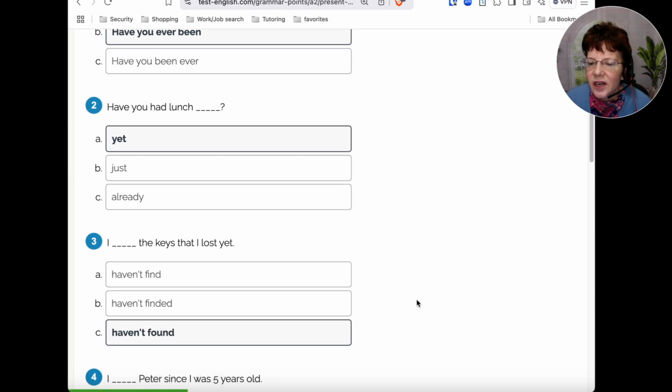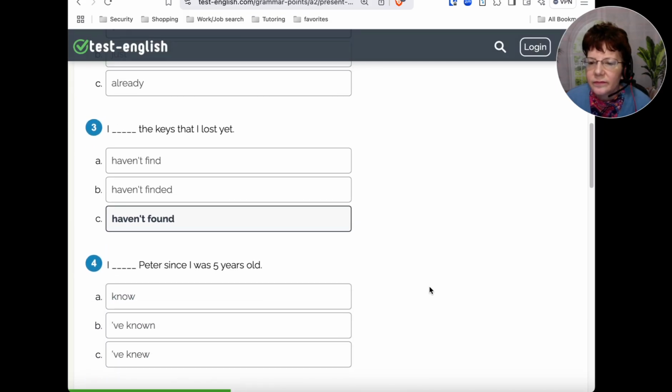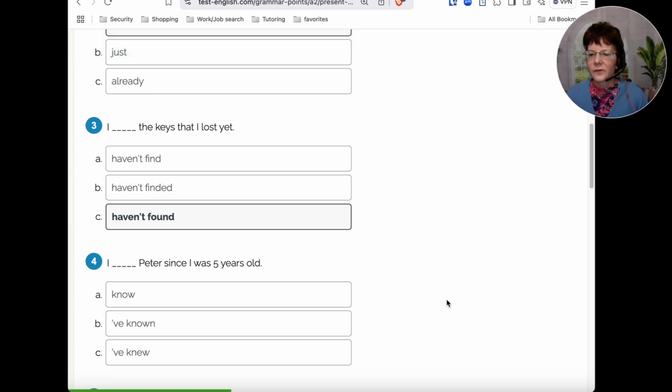Okay, number four, I what Peter since I was 5 years old. Okay, so know, have known, or have knew. Okay, so the one that seems to be correct is, well, we know that we're using the past participle here, so option B, have known Peter since I was 5 years old.